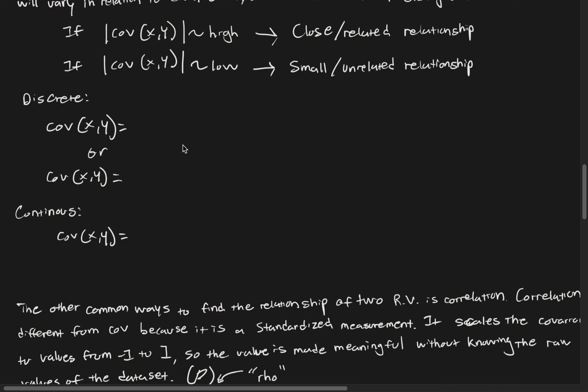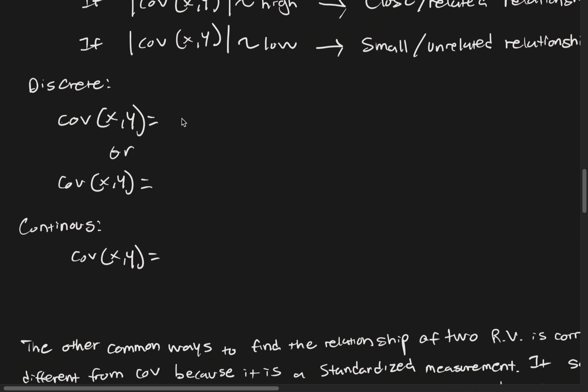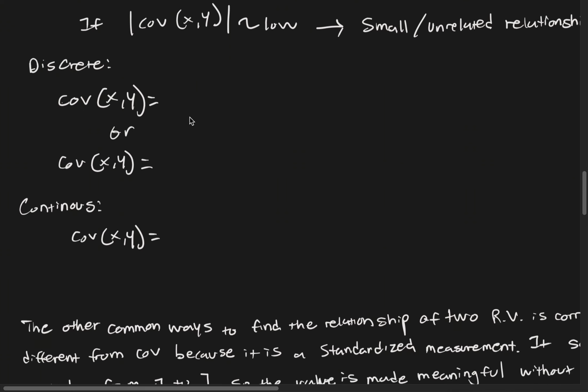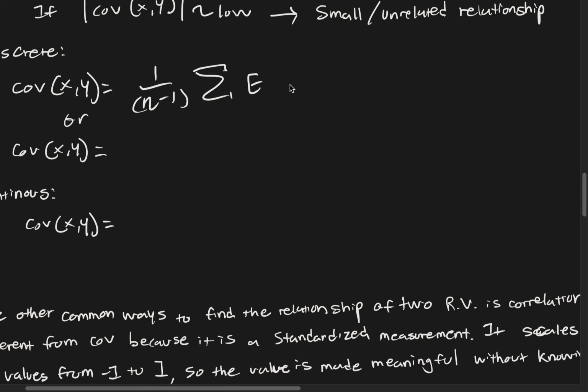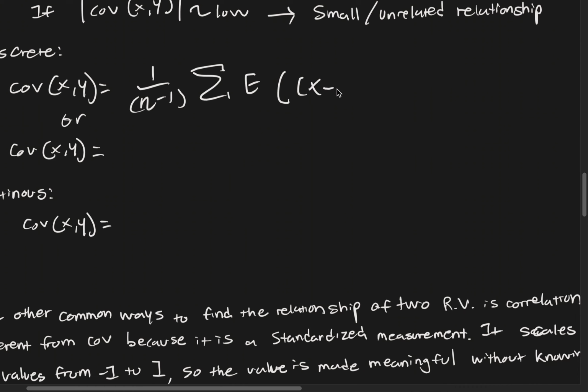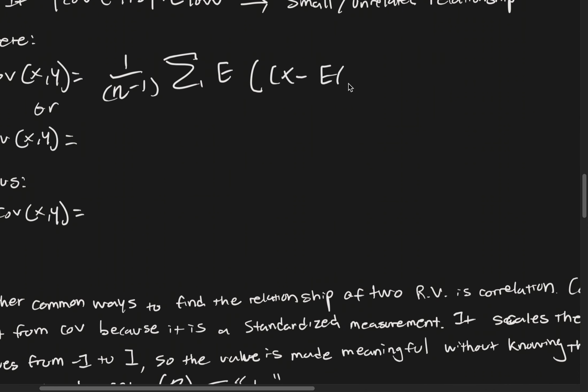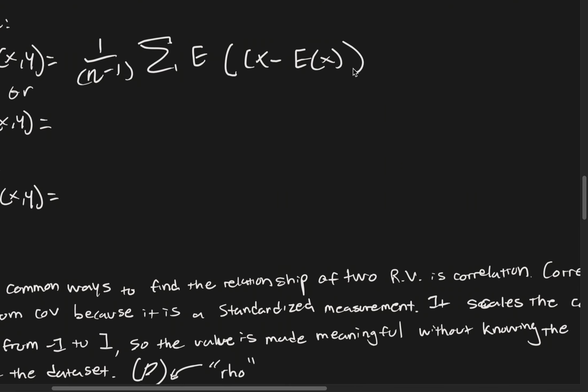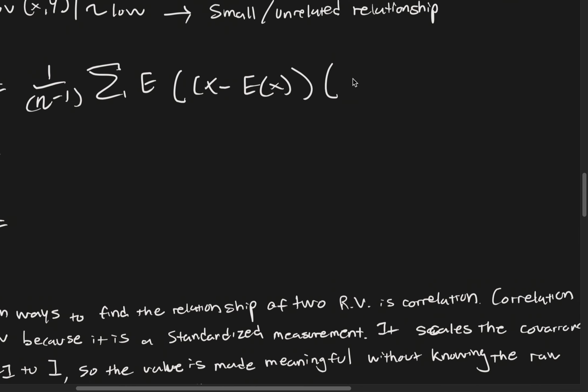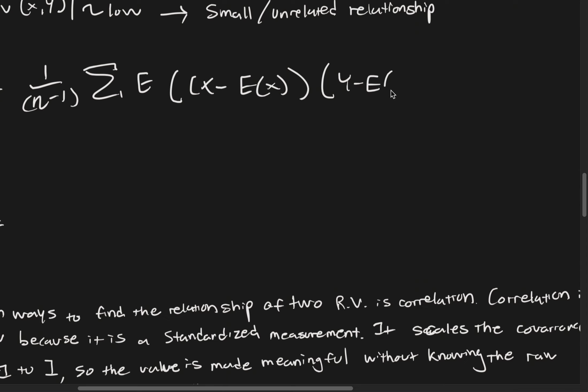So mathematically, the discrete formula for covariance can be written as 1 over n minus 1 times the summation of x minus the expectation of x, and then times y minus the expectation of y.